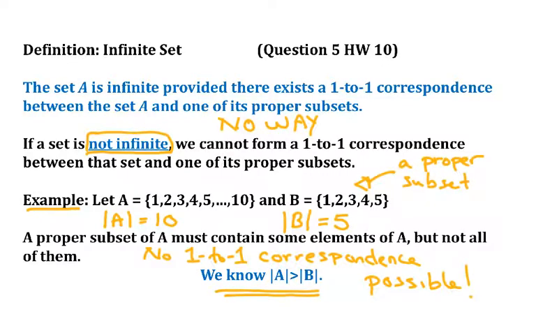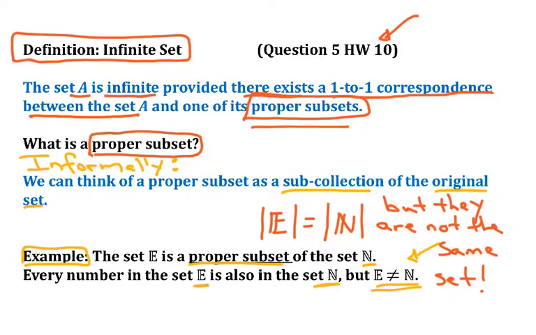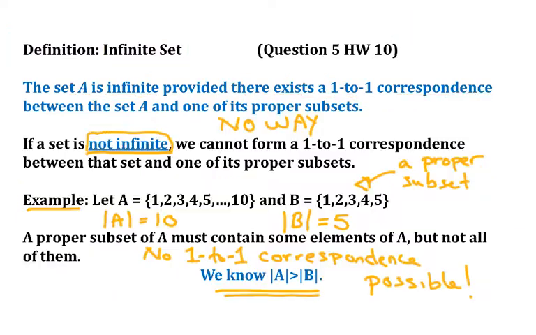So this only works for infinite sets. That's the only time you can form this one-to-one correspondence between a set and one of its proper subsets.